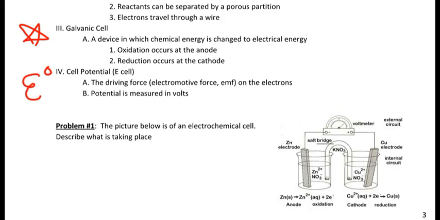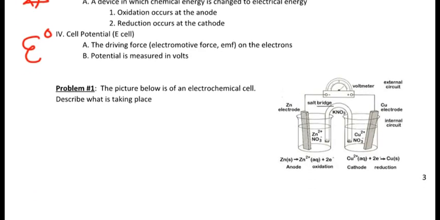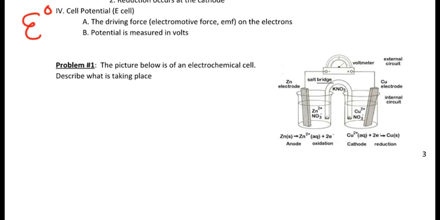So problem number one, and this is a fairly common AP-like question. Here's a picture, and they want you to describe what is taking place in the cell. So let's take a look at this pretty closely. The anode is the zinc.